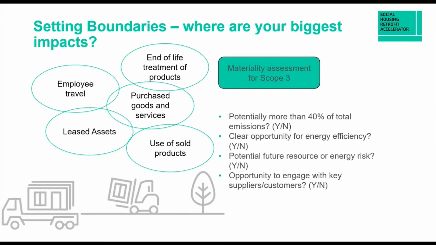And I've mentioned materiality assessment. It's the question about the boundaries and the scope 3 emissions. Because they're so wide, how would you know which of the impacts are the most material, the most significant for your organization?